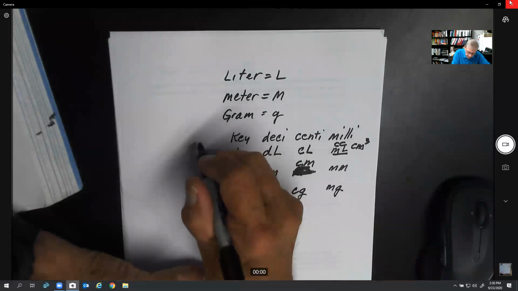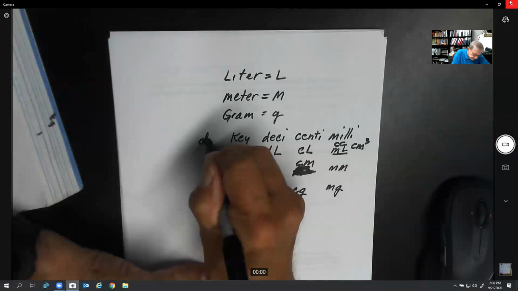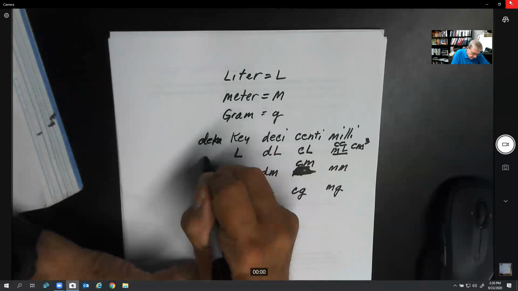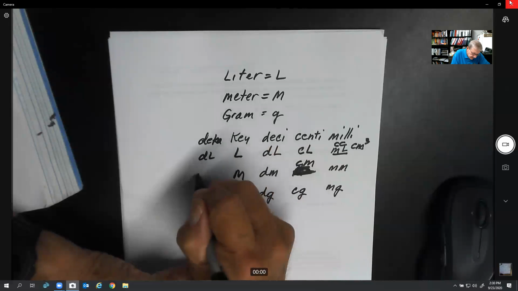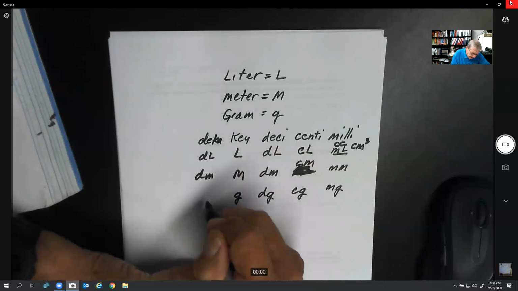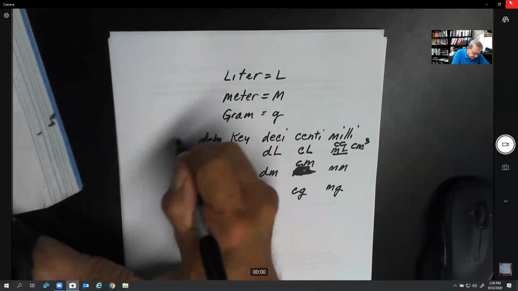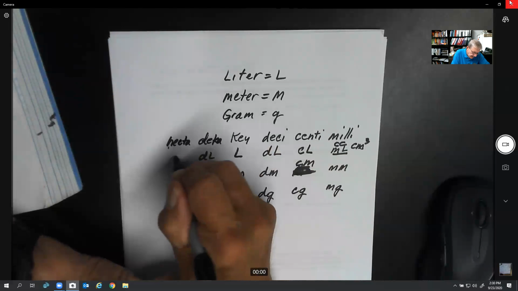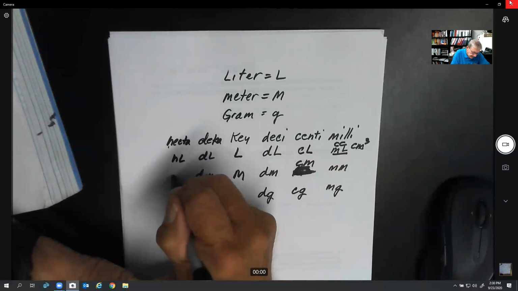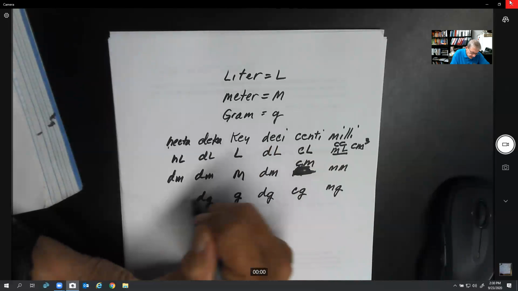On the other side, we have deca: decaliter, decameter, decagram. And then we have hecta, 100: hectoliter, hectometer, hectogram.